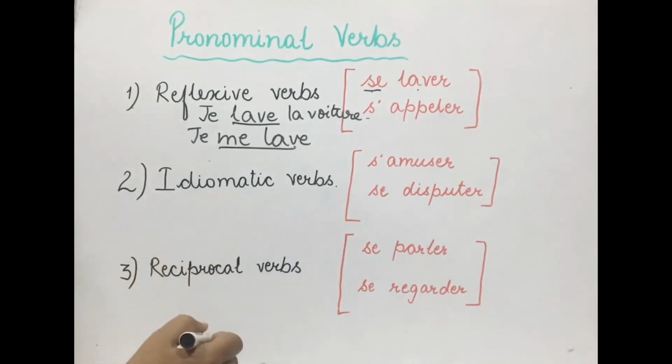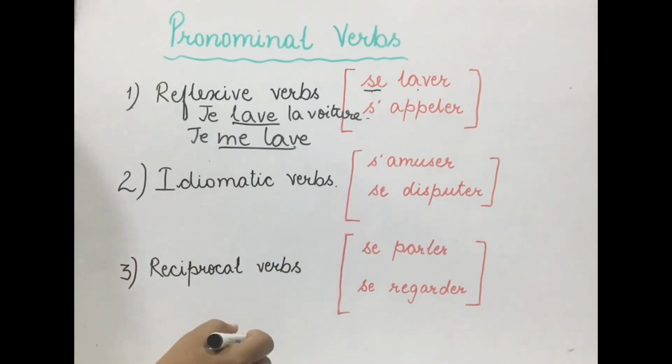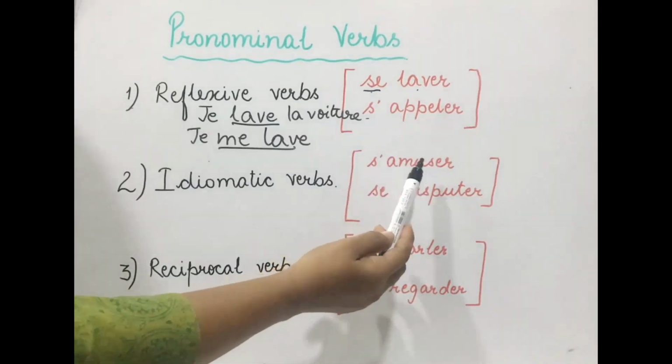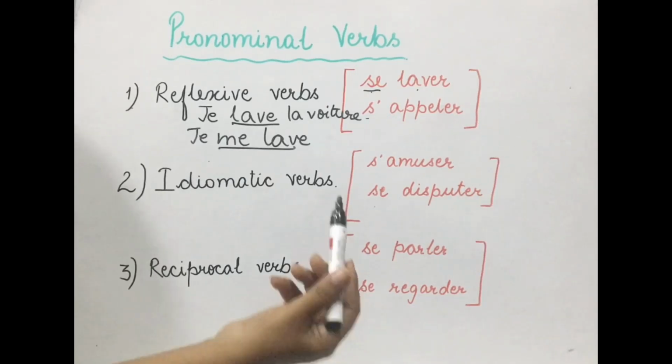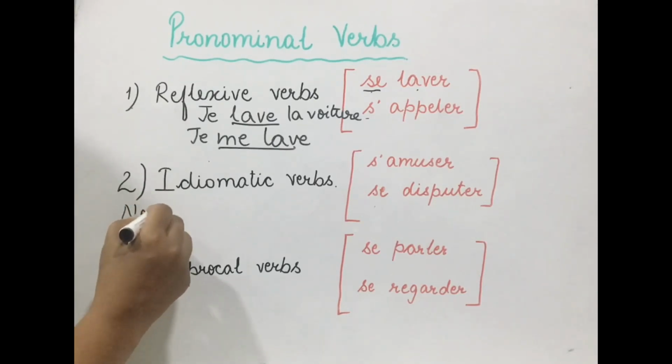Now we come to the second one, and that is idiomatic verbs. Some pronominal verbs are idiomatic and they do not represent the reflexive action per se. For example, the two examples I have given here are s'amuser and se disputer. S'amuser means to amuse basically. In examples you can use nous nous amusons.